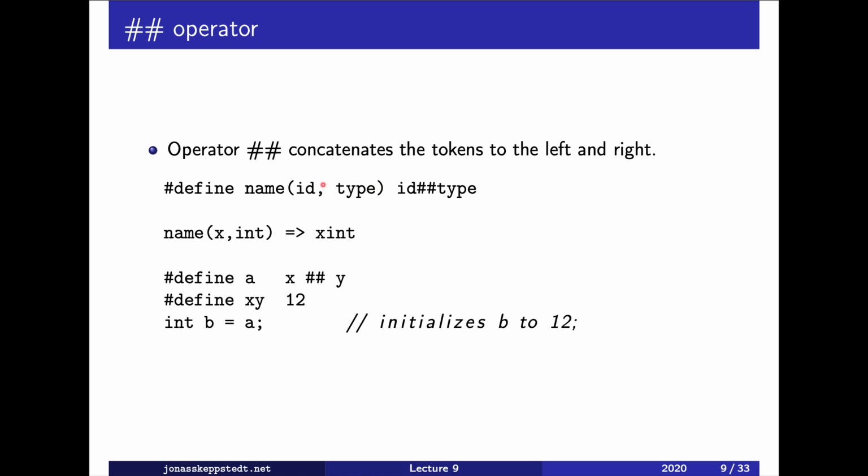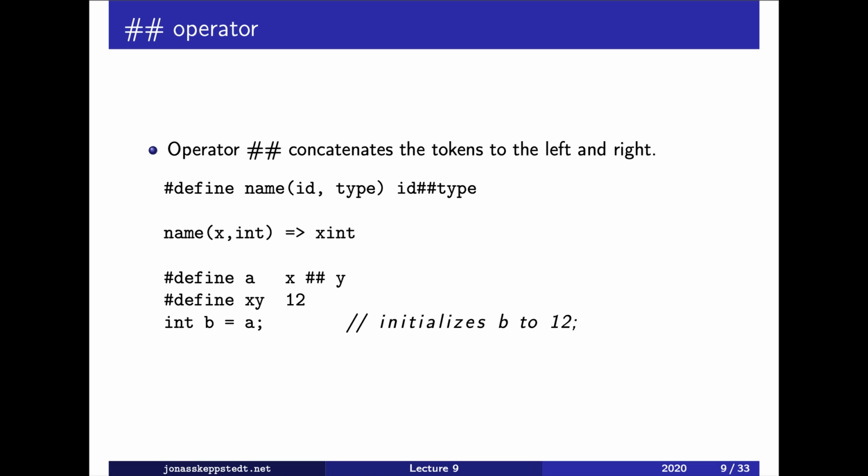So if we define something called name, and we have an ID and type, and we call it with x and int, then this will create a new token which looks and behaves as an identifier with these 2 pasted together.